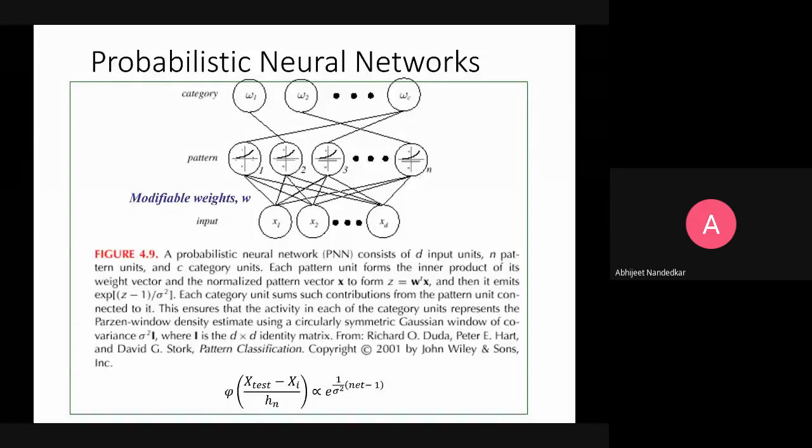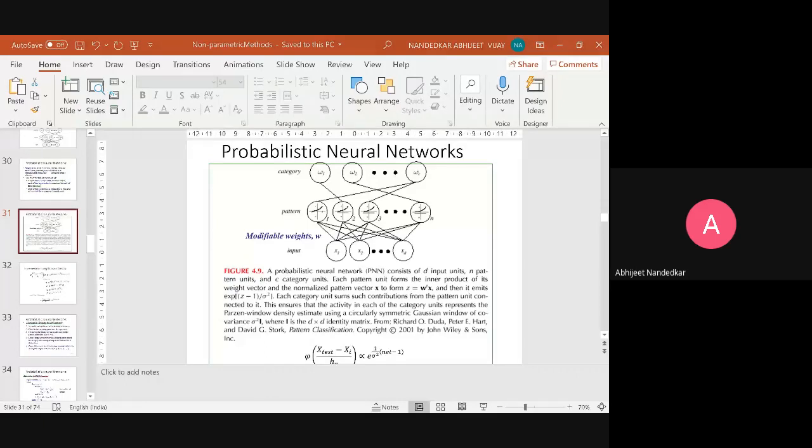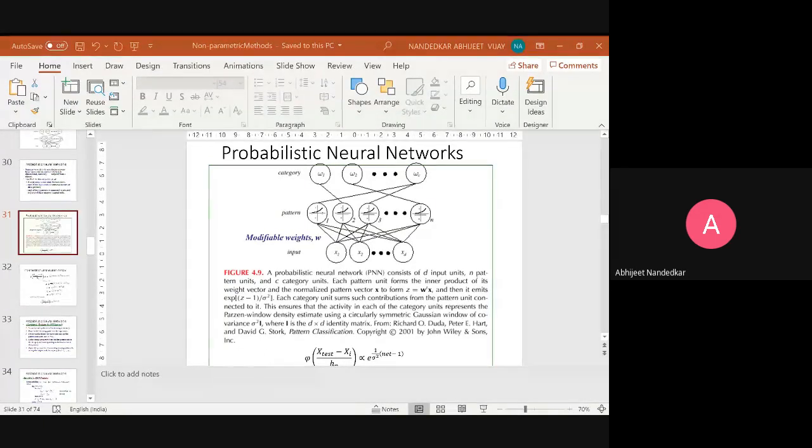So in last class, we have seen this probabilistic neural network. I hope you have understood that. We have taken one problem as well.